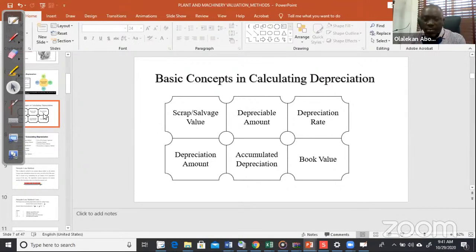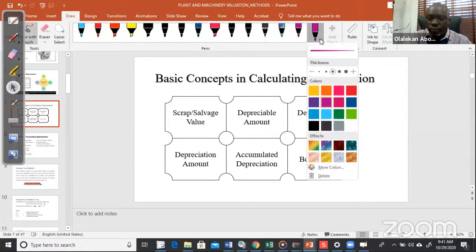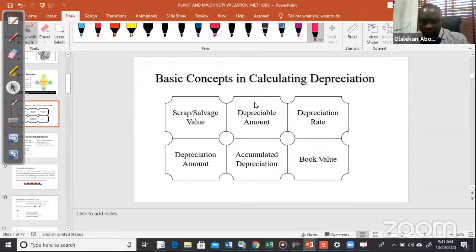Please, that's another name, depreciation base. In fact, that is what is used in your study pack, depreciation base.